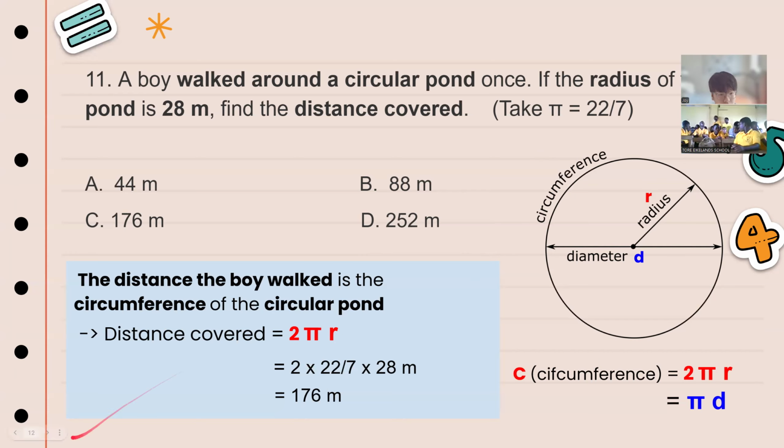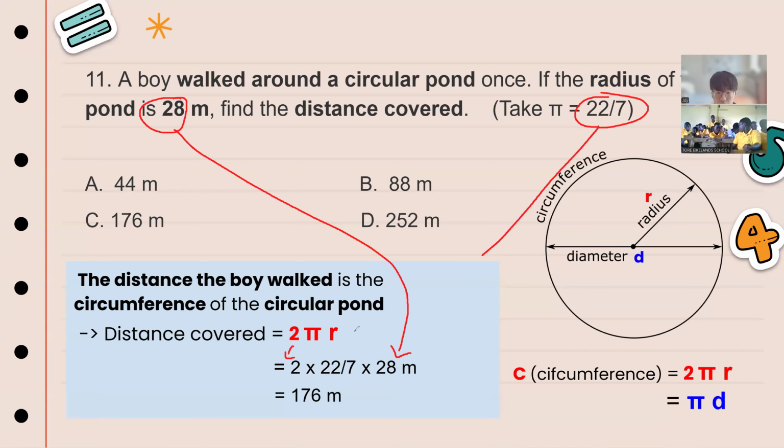Radius r was given to be 28. That's why we get the 28 here. And then it's just 2, and then pi comes from here, 22 over 7. And then we multiply those values together, and then we get the circumference, which is 176.